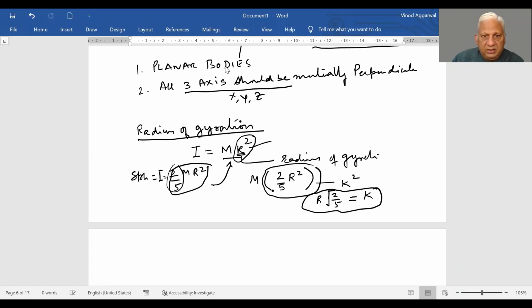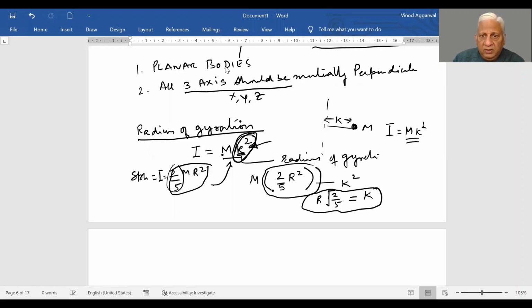Again, just to reiterate, this radius of gyration is to facilitate calculations, and if you want to think of it as a phenomenon, you can think of it as a concentrated mass at a distance of k from the axis, because we know that if all your mass is a single point mass at a radius k, which we call the radius of gyration, then its moment of inertia will be nothing but m times k square.